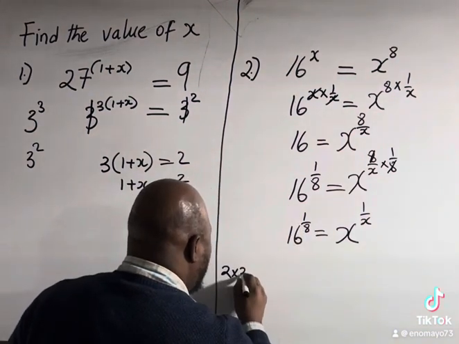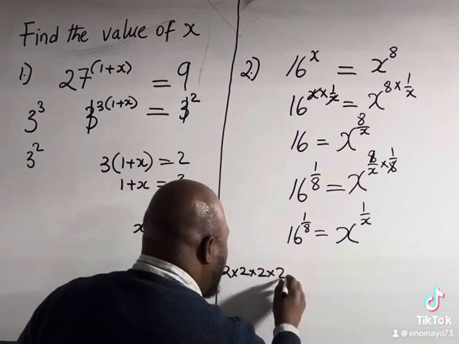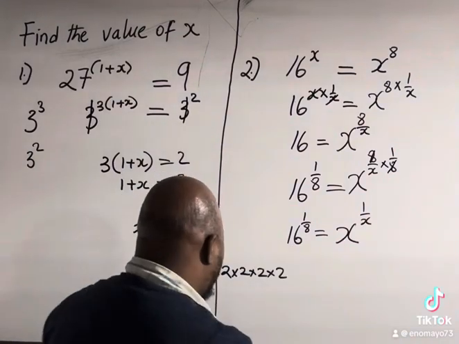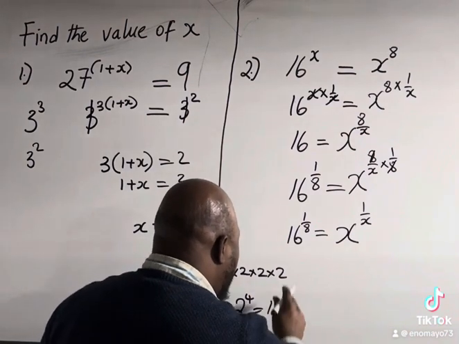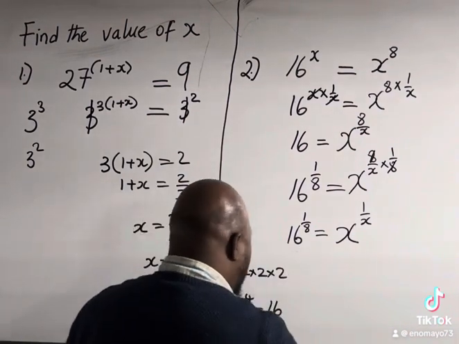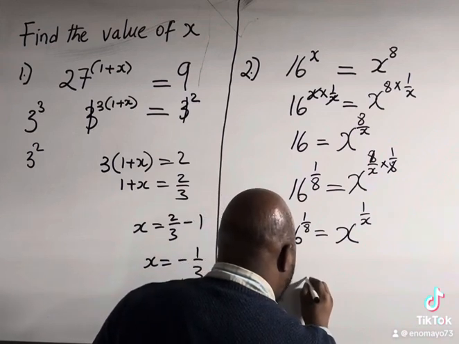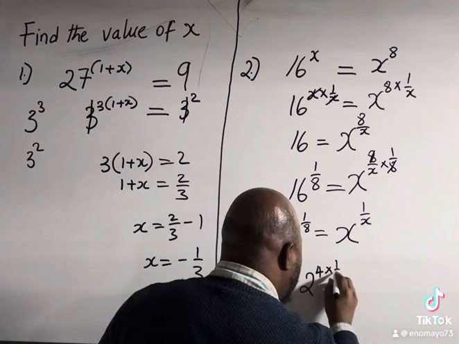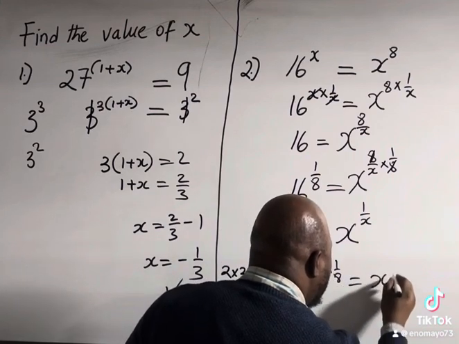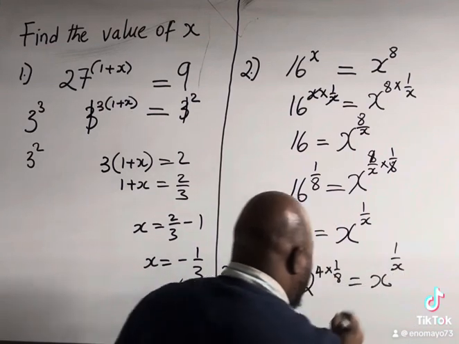2 times 2 times 2 times 2 is equal to 16. So that means 2 raised to power 4 is equal to 16. So we can change this 16 and say this is equal to 2 raised to power 4 multiplied by 1 over 8 is equal to x raised to power 1 over x.